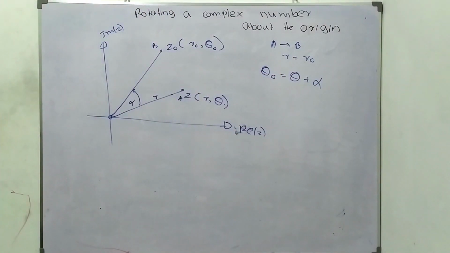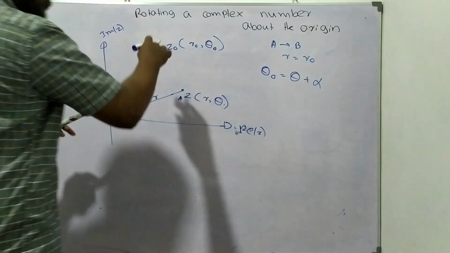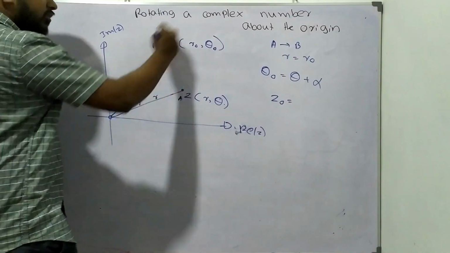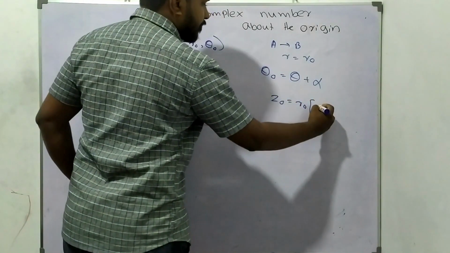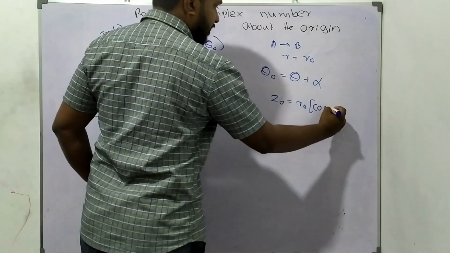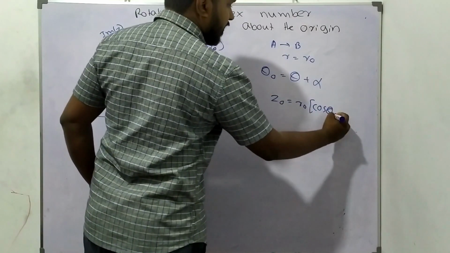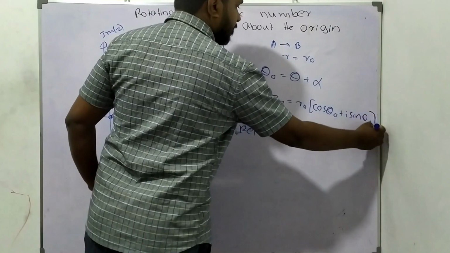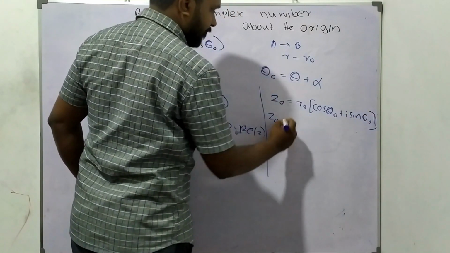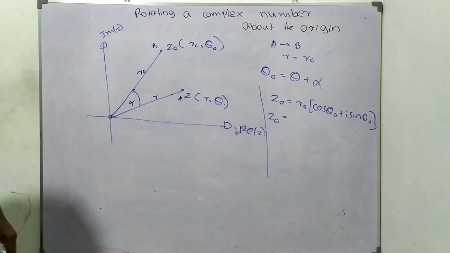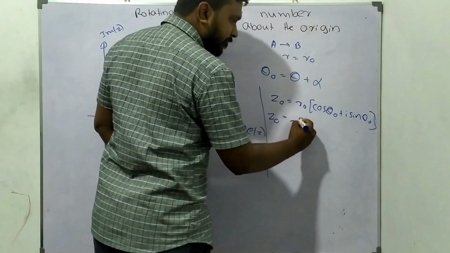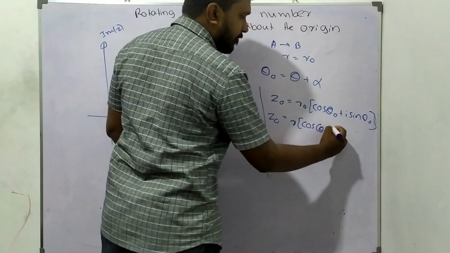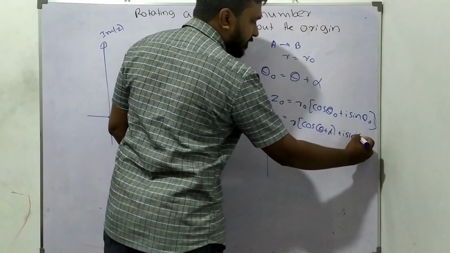Then you can write this z naught complex number in the usual way: r naught times cos theta naught plus i sin theta naught, which equals r times cos (theta plus alpha) plus i sin (theta plus alpha).